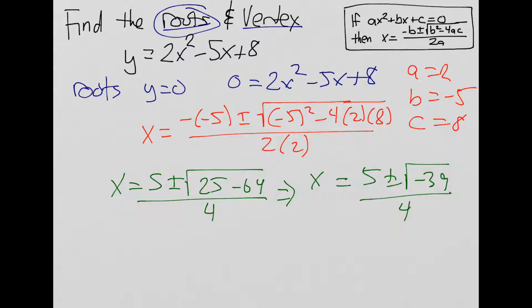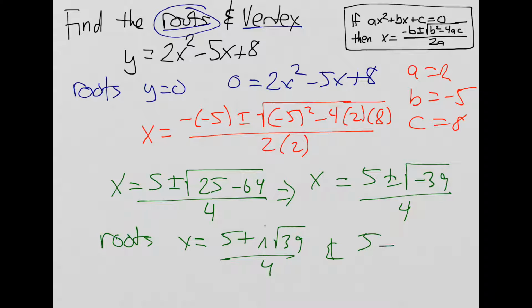I can't take the square root of a negative with real numbers. So this one does not have real roots. The roots are going to be 5 plus i times the square root of 39 over 4, and 5 minus i times the square root of 39 over 4. So these are complex.